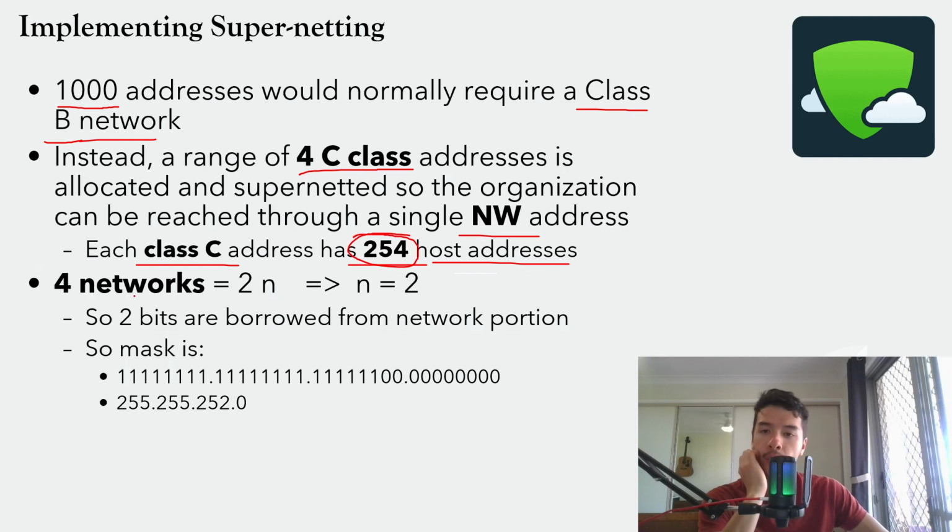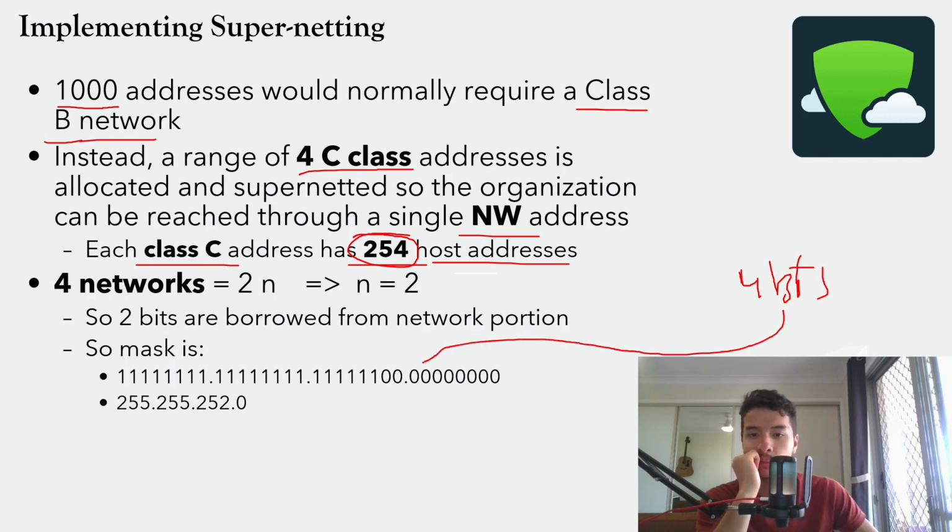Now, 4 networks are required, so we're going to have to borrow bits on the network portion. Sorry, not 4 bits, 2 bits to form 4 networks. And that's going to look like this.